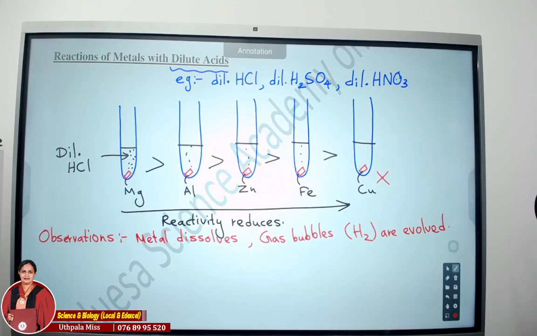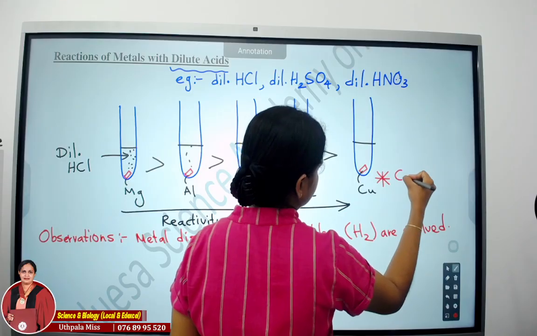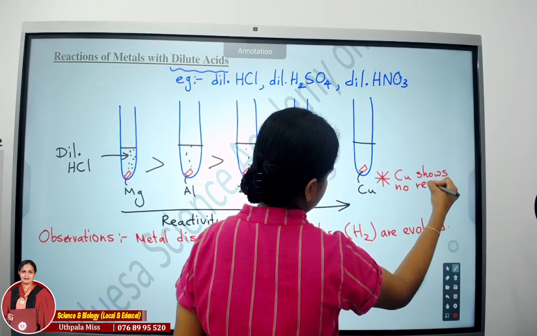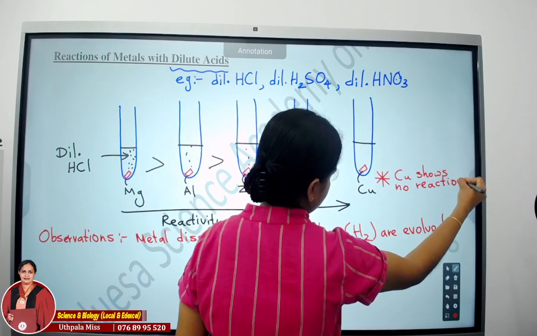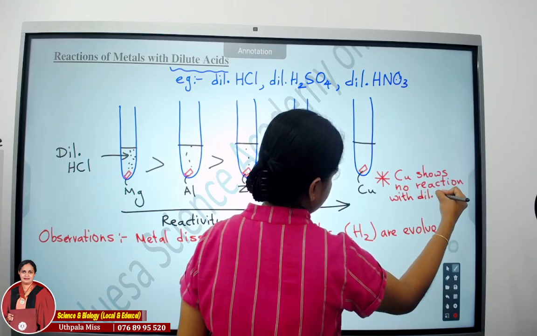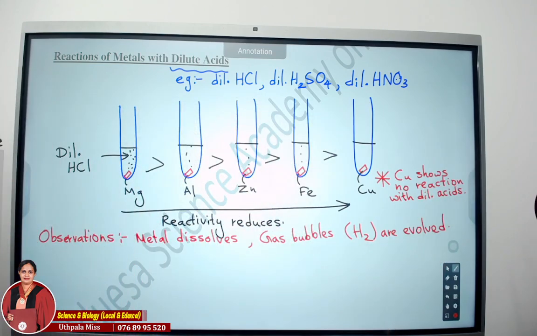So, can you write the reactions for magnesium, aluminium, zinc, iron? Write there. Write the balanced reactions.